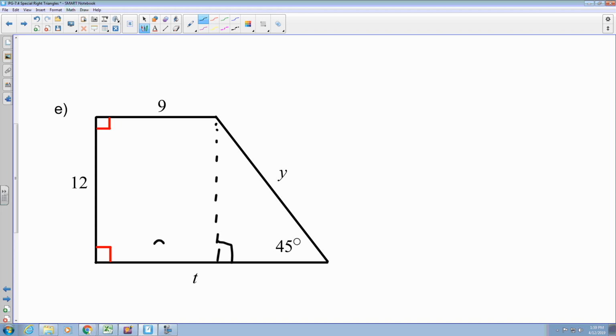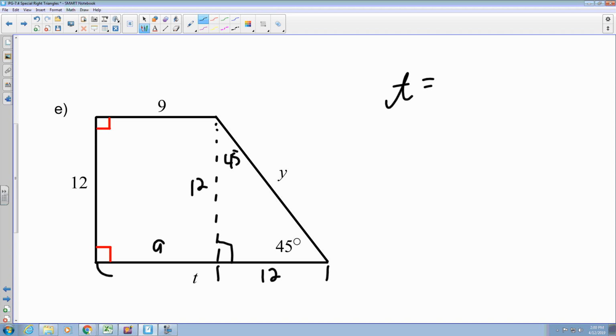So this is 9, this is 12. With that being said, this is a 45-degree angle. And because it's a 45-degree angle, I also know that the distance from here to here also needs to be 12.